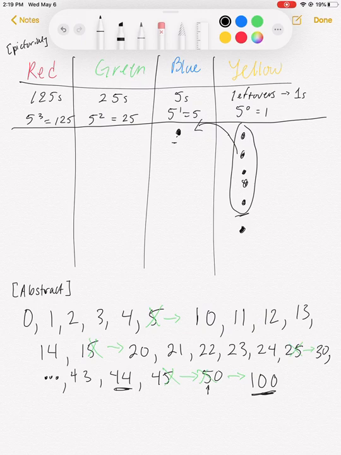So 100 base 5. And then you keep going. 101 base 5. 102 base 5. And so on.